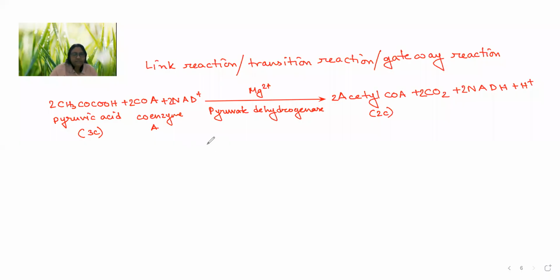If I write the yield, I can write that NADH plus H plus, 2 molecules will give 6 ATP. So 6 plus how many? Over there in glycolysis, how many ATP? Total ATP produced in glycolysis is how many? 2.